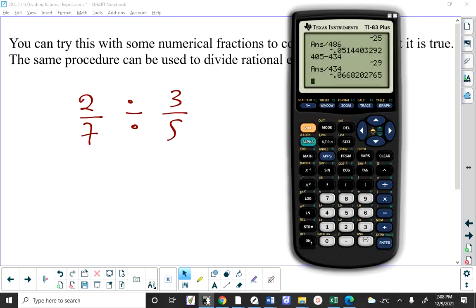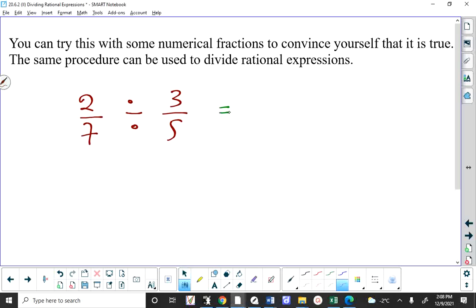They're just numbers though, so ultimately if I take 2 divided by 7 in brackets, divided by in brackets 3 divided by 5, I get this number. If you're interested, we could convert it to a fraction, but that's not going to be very helpful with rational expressions. Anyway, it's 0.476. I'm telling you that this is the same as 2/7 multiplied by 5/3.